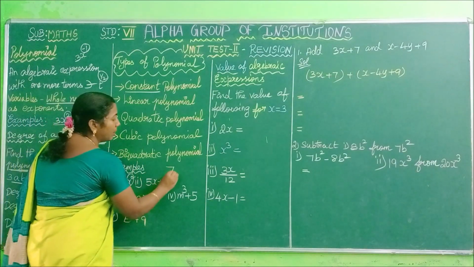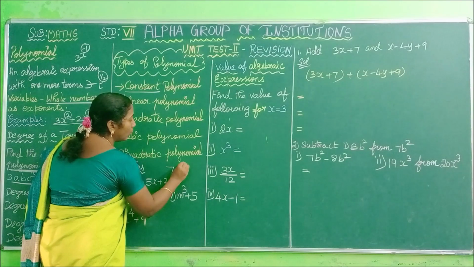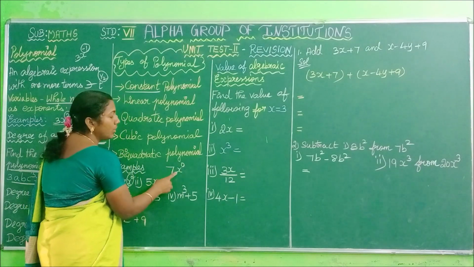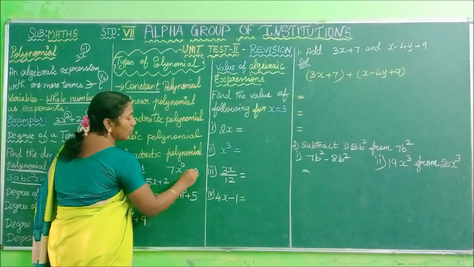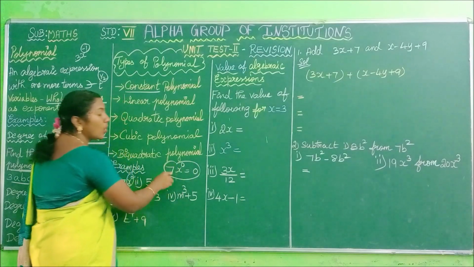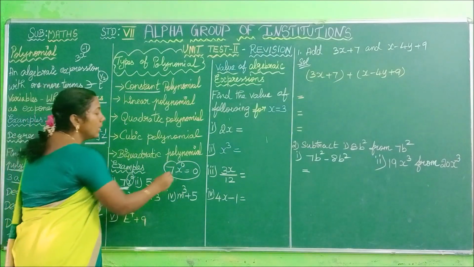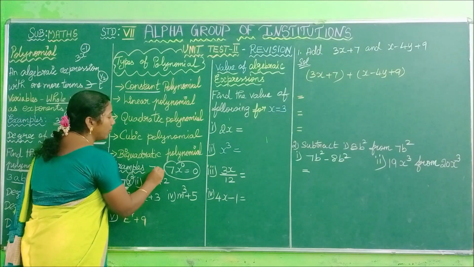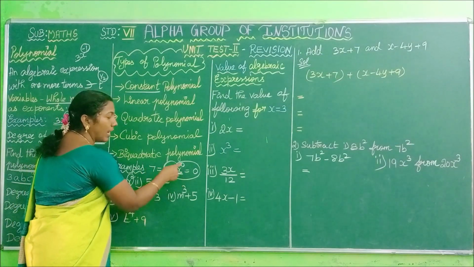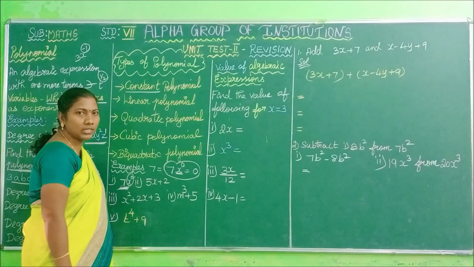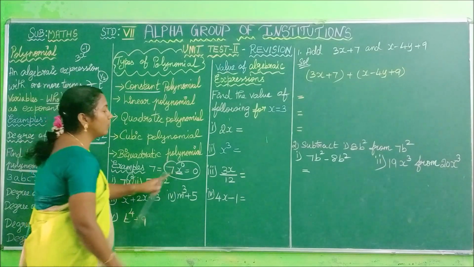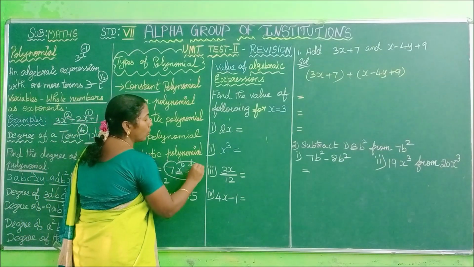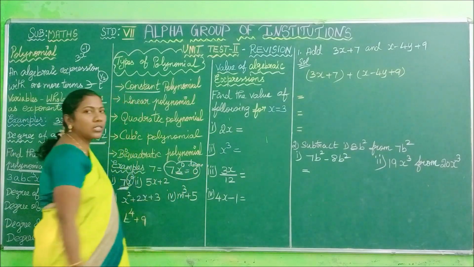So 7 can be written as 7 x power 0, so the degree of this term is 0. This is called a constant polynomial because x power 0 equals 1, so the given number does not change when x power 0 is multiplied with this 7. Do you understand, children? The degree of this polynomial is 0, so we can call it a constant polynomial.